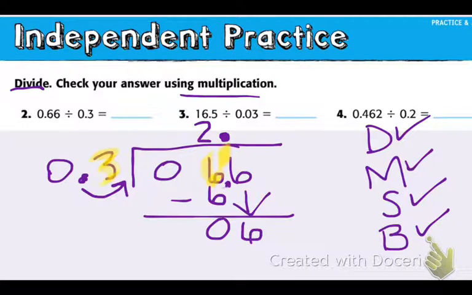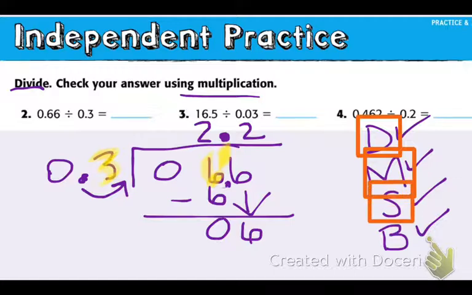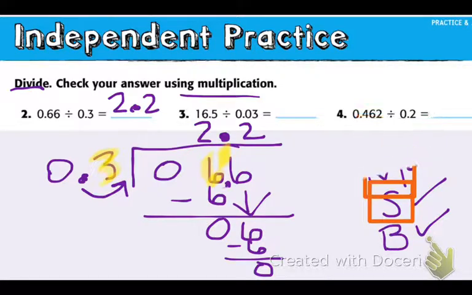Go back to divide. How many times will 3 divide into 6? Well, we just said it'll go twice. What is 3 times 2? Because I can subtract it. It's 6. And there's nothing left to bring down. So the answer is 22 tenths, or 2 as a whole number, and 2 tenths.